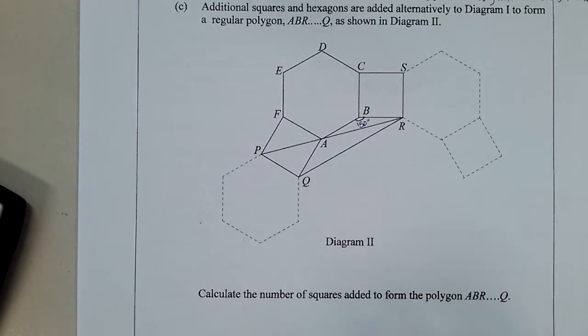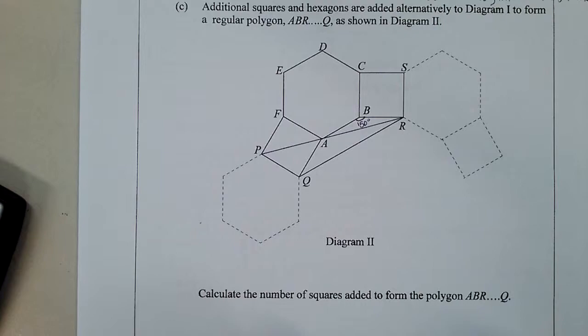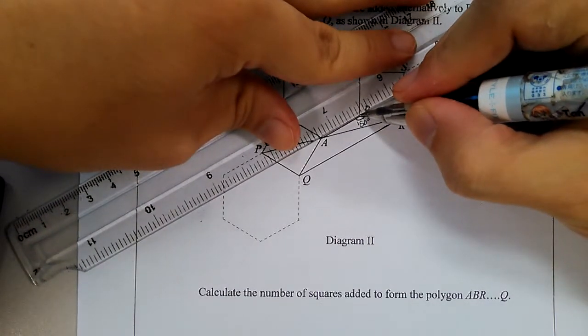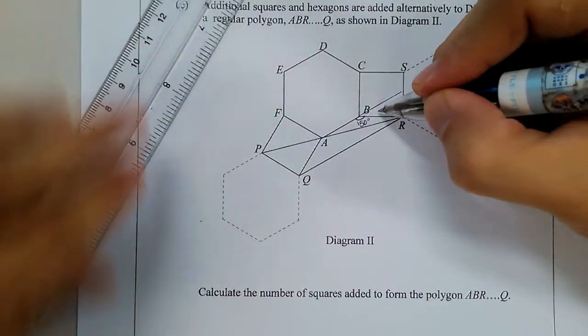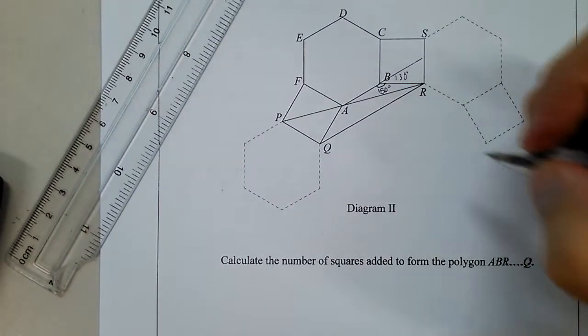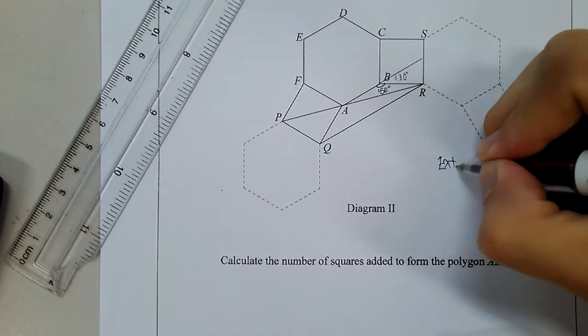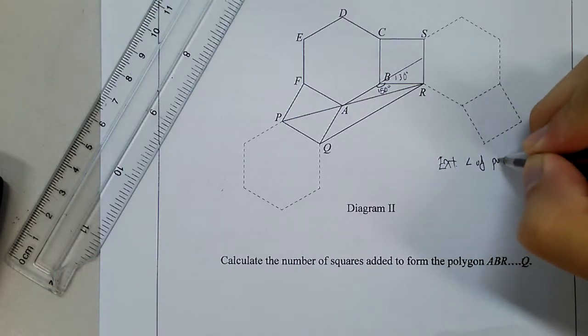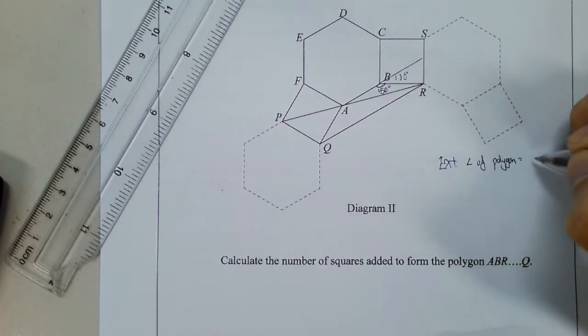So, if the interior angle is 150 degrees, I can now find the exterior angle of the polygon. Let me draw the exterior angle for you over here: this 150, if I draw out the line over here, this angle here is 30 degrees. So the exterior angle of the polygon is equal to 180 minus 150, which is equal to 30 degrees.